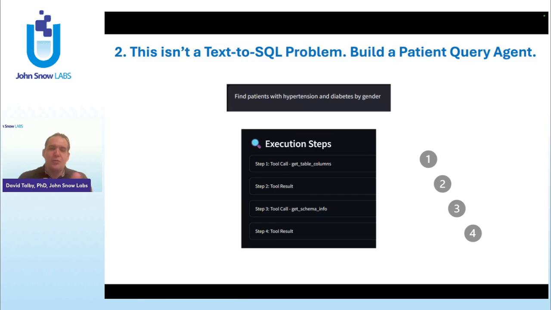When we look at a query, the first step is we call a tool that has a RAG component that tries to map the query to pre-built queries that we know how to run efficiently and well. So we try to find the most similar query. For example, we have a query to find patients with some disease by age and gender.